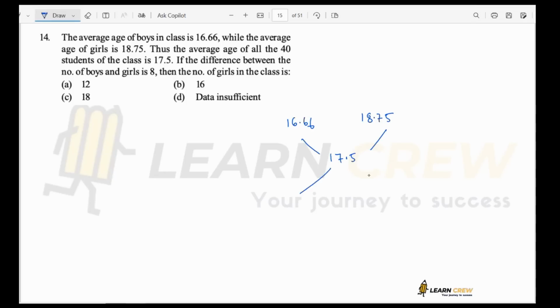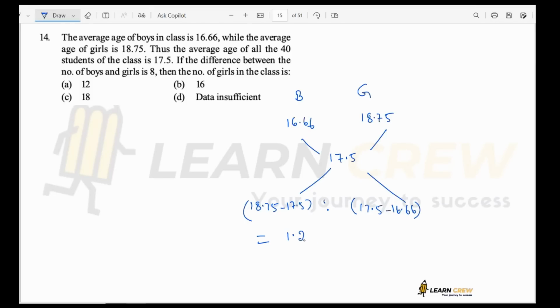So what is the ratio of boys and girls? It would be 18.75 minus 17.5 is to 17.5 minus 16.66. So 18.75 minus 17.5 is 1.25. Am I correct or not?